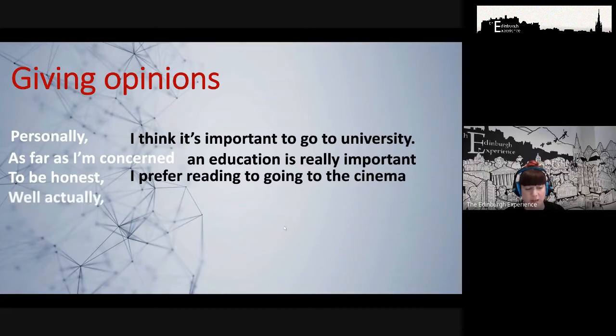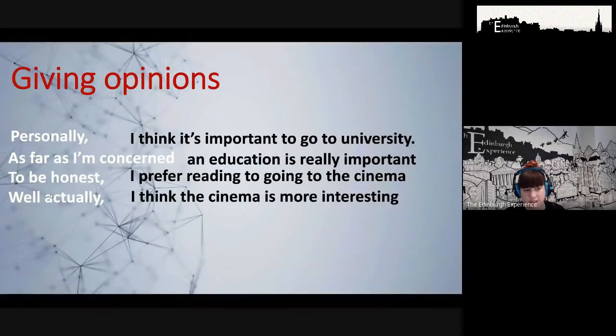And another one we can say, which is also really natural, very easy to use, well, actually, I think the cinema is more interesting. So to be honest and well, actually, these are more or less the same thing here. And personally, and as far as I'm concerned, these are kind of synonymous of each other, all right?